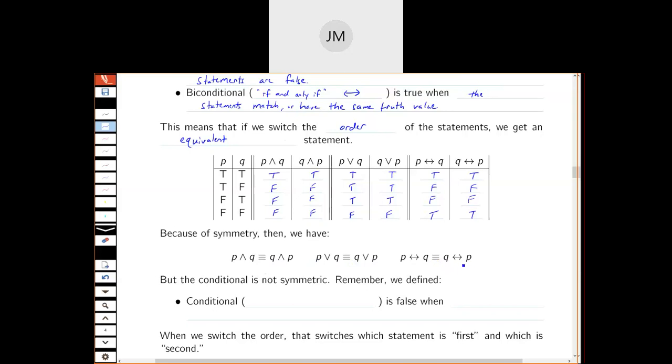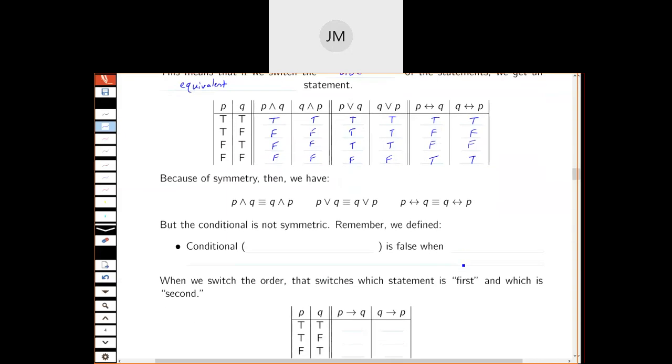Now let's look at our other connective, the conditional statement. This is the if-then. The if-then statement, which is represented by a single arrow, is false when the first statement is true and the second is false.